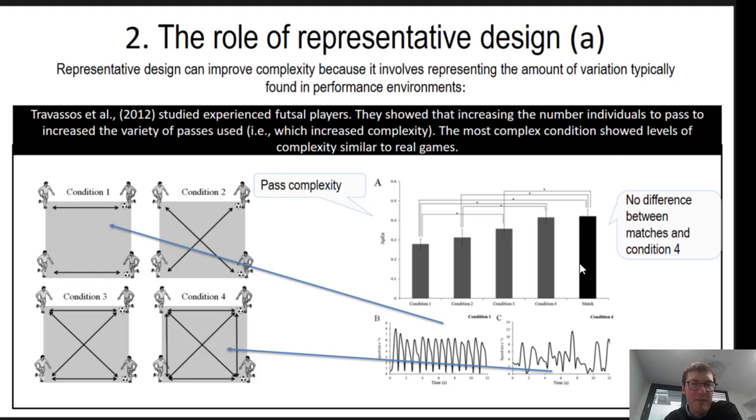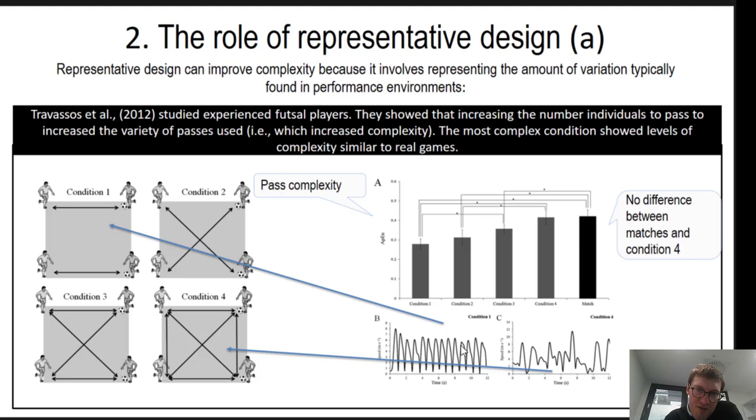It won't be a perfect match, of course, but somewhat similar. And so we would expect that there would be greater transfer between condition 4 in helping people to prepare to learn how to pass to an open player and modulate their passing appropriately in matches. Okay.